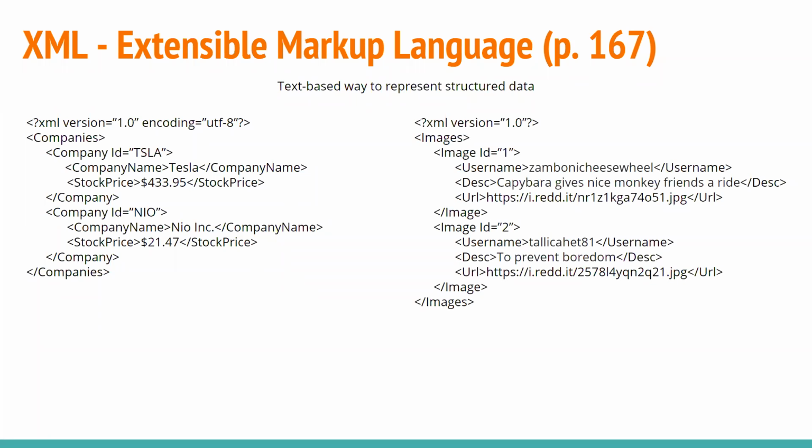And on the right here, okay, these are some Reddit posts, I think. There's some other structured data on the right there, of images that were posted to Reddit by a particular user with a particular description. That's what that's intended to represent.